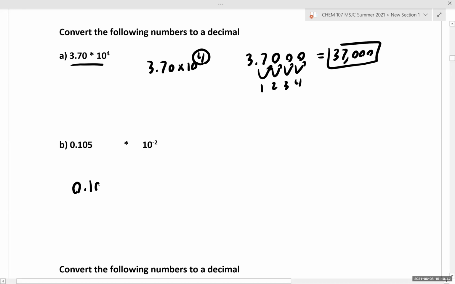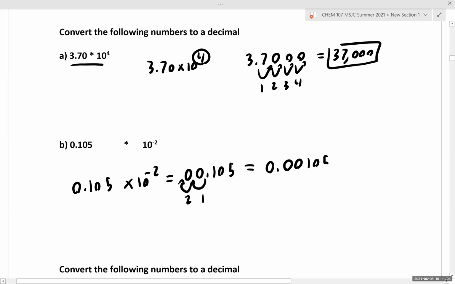So if we have 0.105 times 10 to the negative second, our first step is to write out our decimal, and then we move our decimal n spaces to the left because we have a negative exponent. So because our exponent is -2, we move our decimal point 2 spaces to the left, and that gives us 0.00105. Does this make sense to everyone?